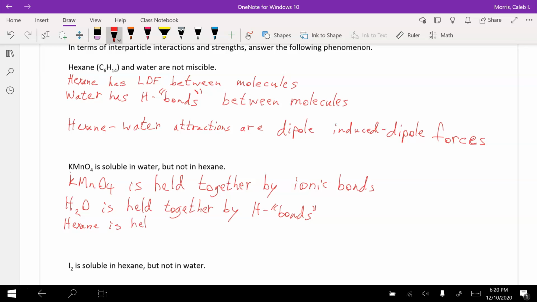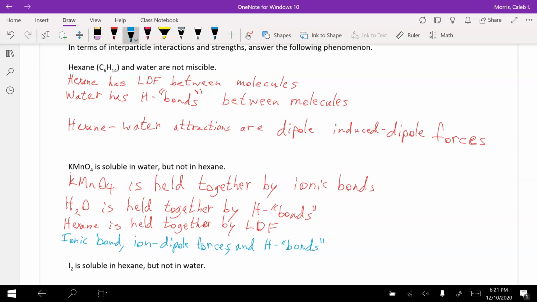Hexane is held together by LDF, London dispersion forces. But we can conclude that the ionic bond, ion dipole forces, and hydrogen bonds have similar strength.